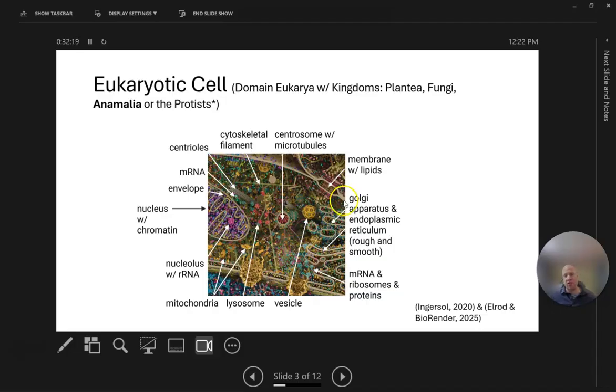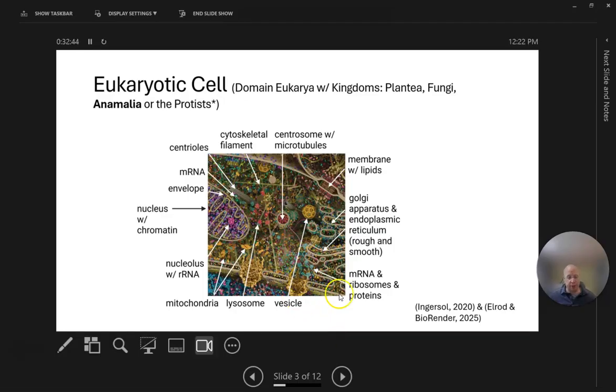You have manufacturing, distribution, and breakdown over here with your Golgi, your ER, your mRNA, ribosomes, and vesicles. Ribosomes produce the proteins that continue to grow in the ER and the Golgi. The rough ER has the ribosomes wrapped around it. It's going to make some molecules and proteins.